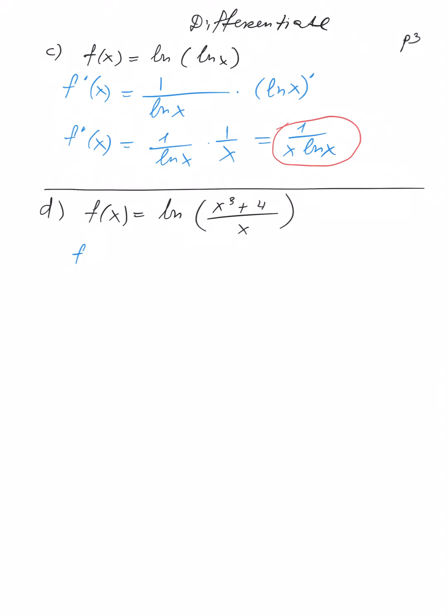So f prime of x equals 1 over whatever we had in that parentheses, 1 over x cubed plus 4 over, we'll talk about it in just a second, times x cubed plus 4 over x, prime.